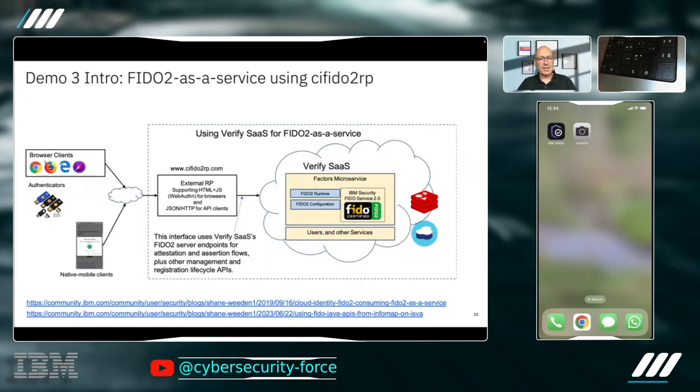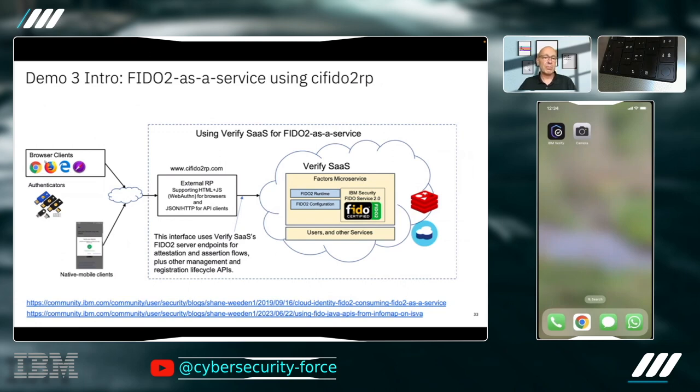Another example of how you can use our APIs is an example application, which is called CI FIDO2RP, which is in fact a small Node.js application that can be used as a sort of framework, a building block example, when you want to use the FIDO APIs.